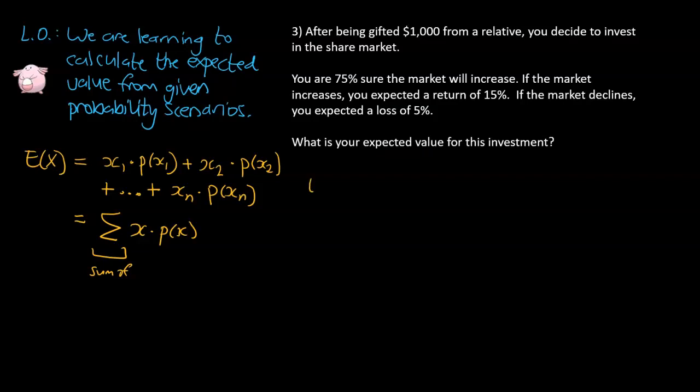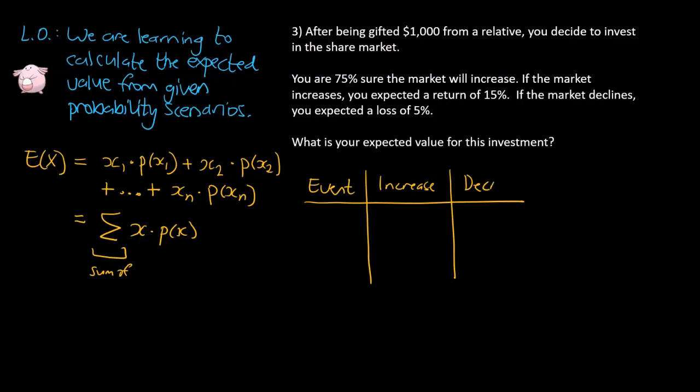So we're going to start off fairly similar to the raffle question. I'm going to describe my events, and the events here are actually nice and easy. The market is either going to increase or the market is going to decrease. Now, X relates to the dollar values related to each of these outcomes.